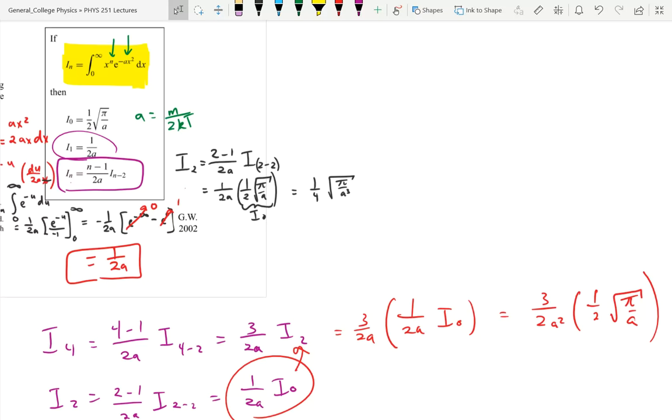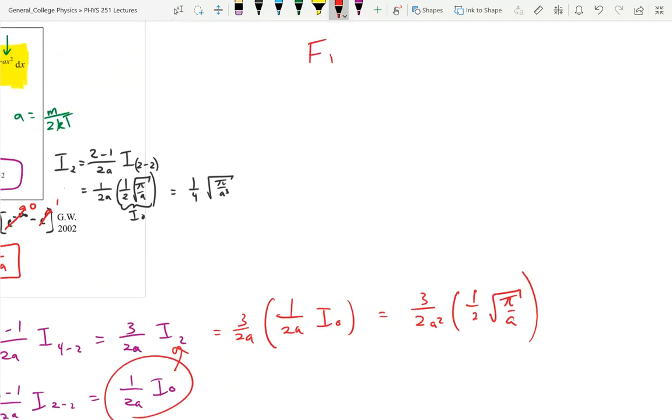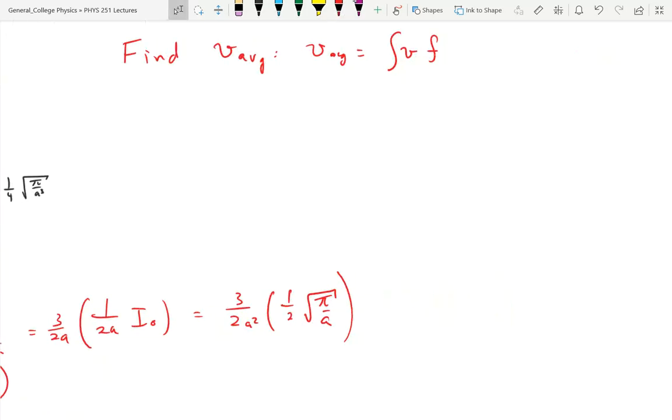You have a question, Caleb? So with the n, are we given it or do we have to find it? How do we come about that? That would be from, okay, so if you're asked to find the average, then you know that the average is equal to the integral of v times the probability, which is the Maxwell-Boltzmann distribution, dv.